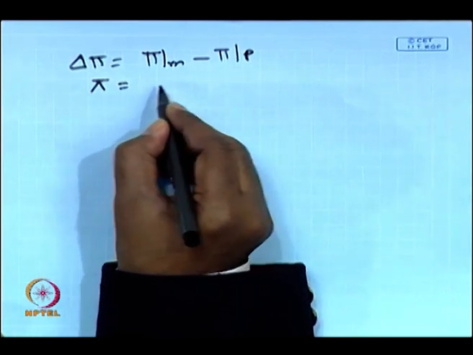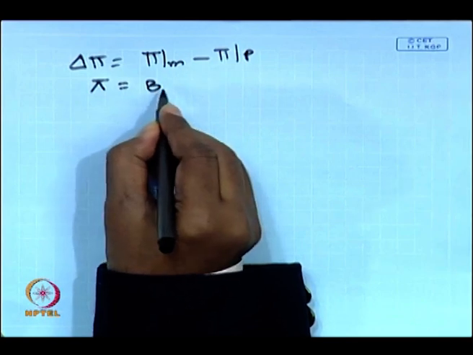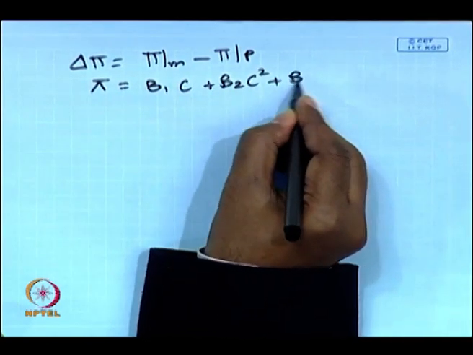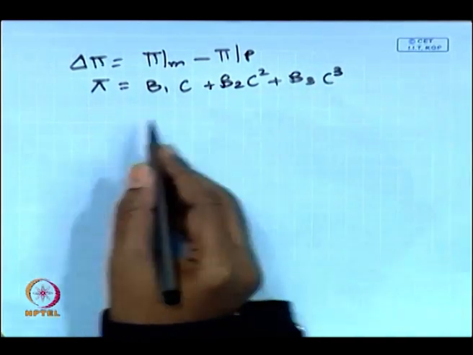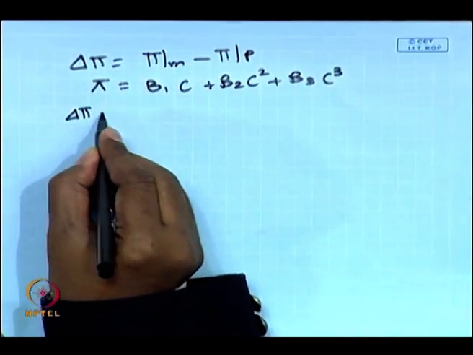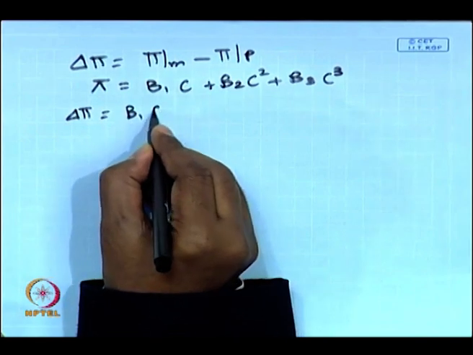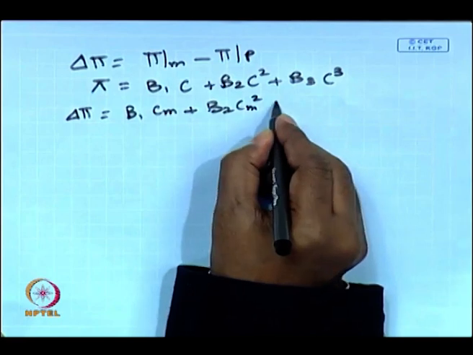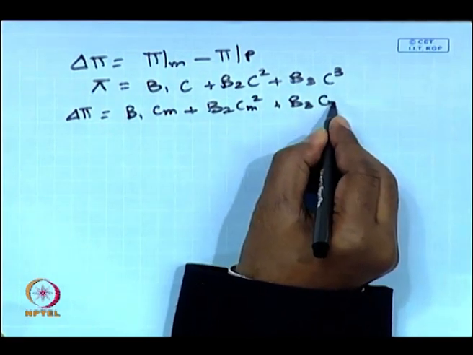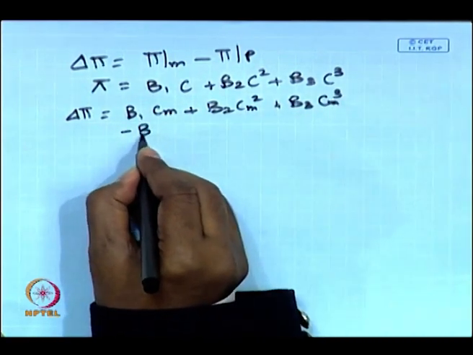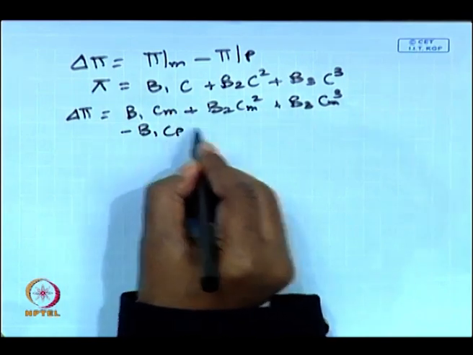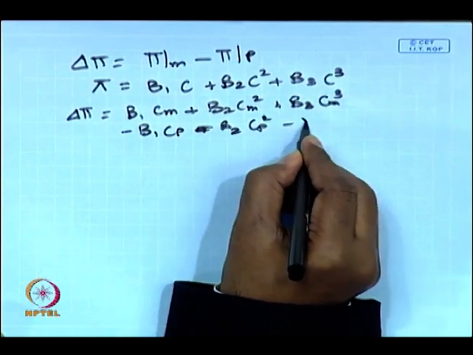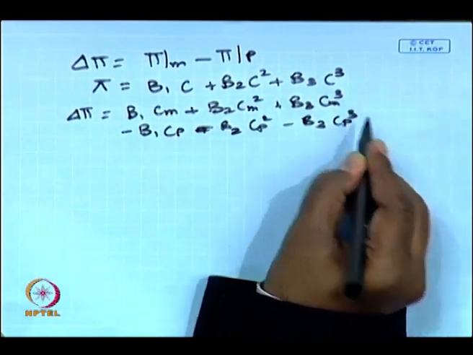Therefore, pi can be expressed as B1 C plus B2 C square plus B3 C cube. So, delta pi will be B1 Cm plus B2 Cm square plus B3 Cm cube minus B1 Cp minus B2 Cp square minus B3 Cp cube, right.